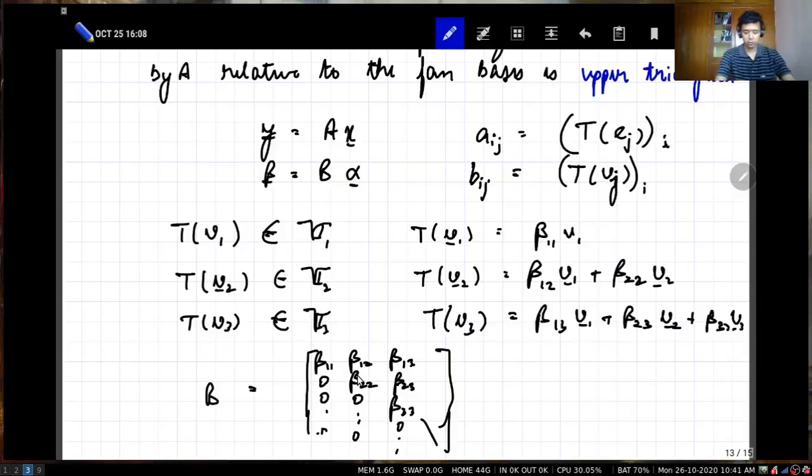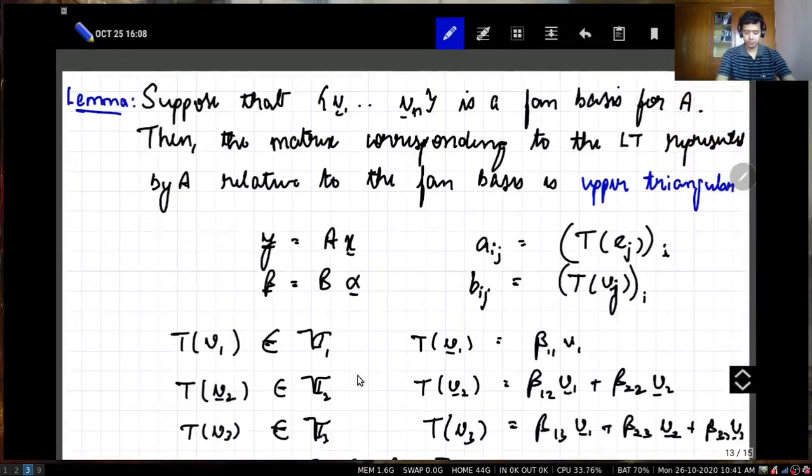Right? So therefore the matrix is always upper triangular. So what we have effectively shown is that given a linear transformation A, if we can find a fan, then we can always find a fan basis, and with respect to the fan basis, the matrix is always an upper triangular matrix.